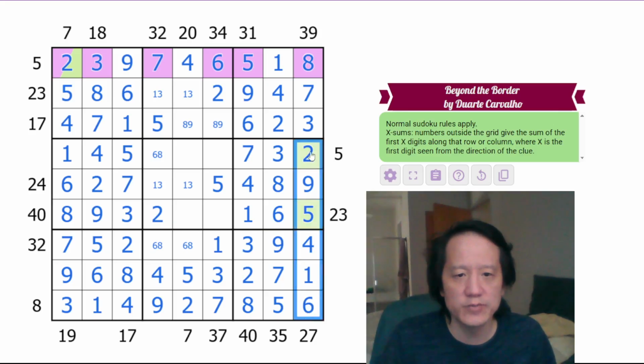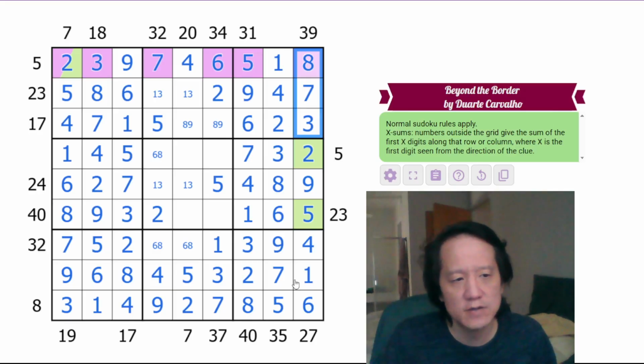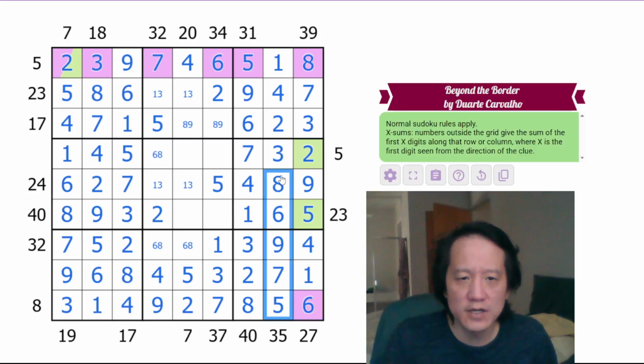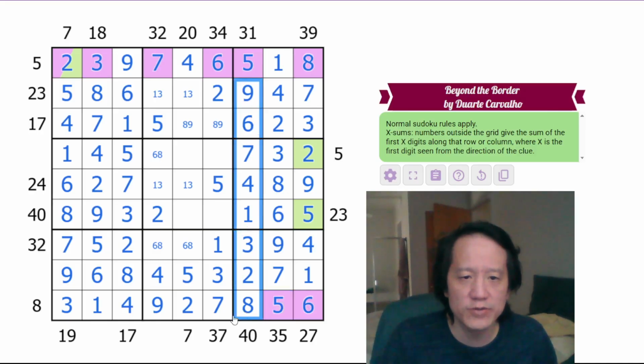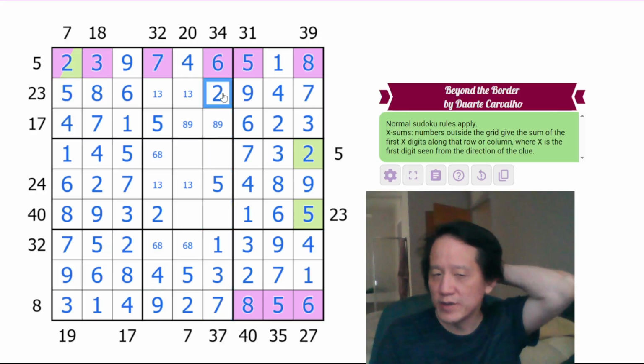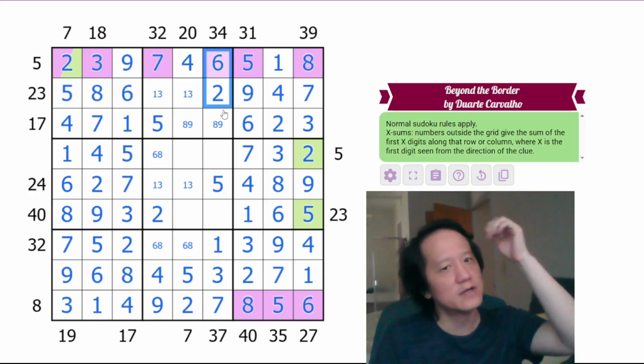6 digits adding up to 27. This adds up to 12 or 13. 45 minus, no, it's 18. 45 minus 18 is 27. So this is done. 5 digits adding up to 35. 5 through 9. 8 digits adding up to 40 with a 5 outside. 7 digits adding up to 37 would make 8 outside of the x sum.